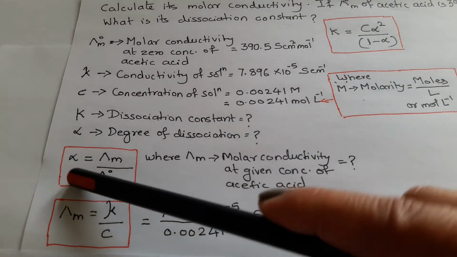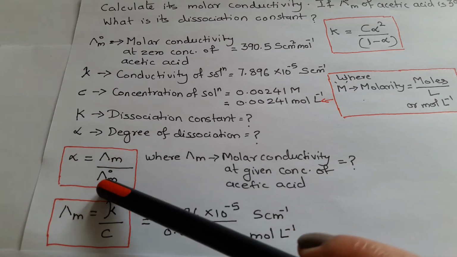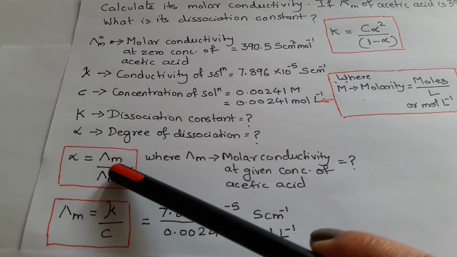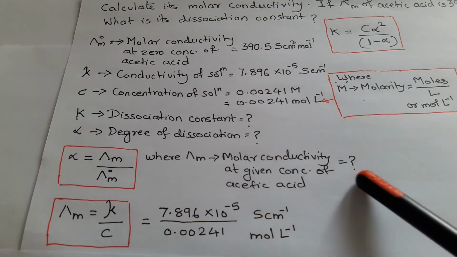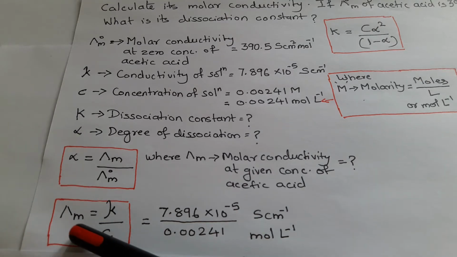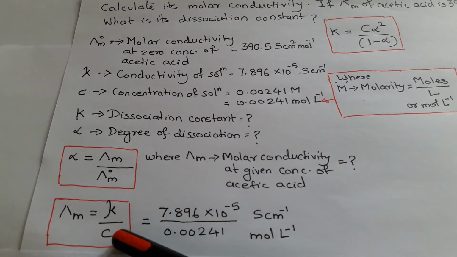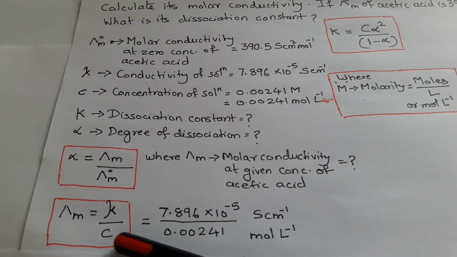The formula to calculate alpha is lambda m upon lambda m naught. Lambda m value is not given, which we need to find. To find lambda m, the formula is kappa upon C. Kappa's value we have and the concentration of acetic acid is also given.